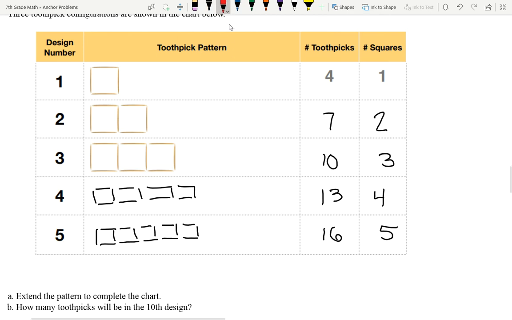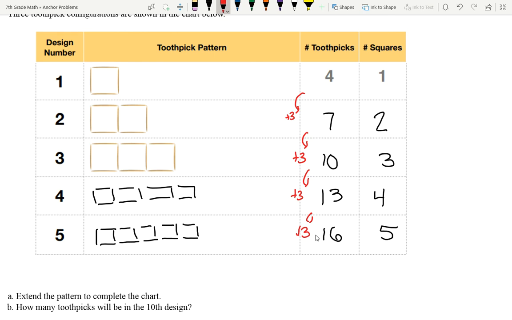Sure enough, for each design number, each square, since we're using one of the sides, we're adding 3 as we go to each of the next squares. So each square has us adding 3 toothpicks to the design.